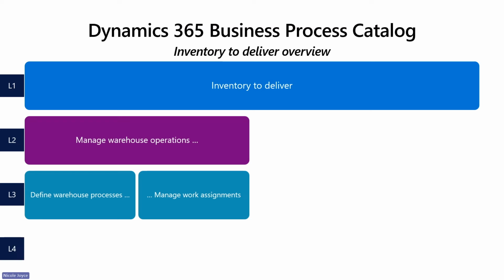So let's then go to the level 4. This is the specific scenario, or you might hear us refer to it as pattern. So this is one way to perform a business process. At the level 1, 2, and 3, the catalog is largely product agnostic.